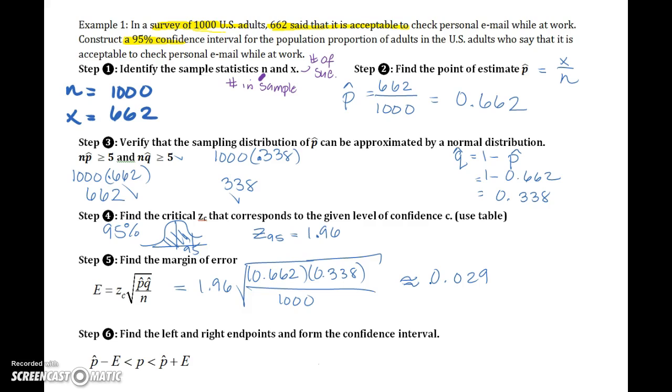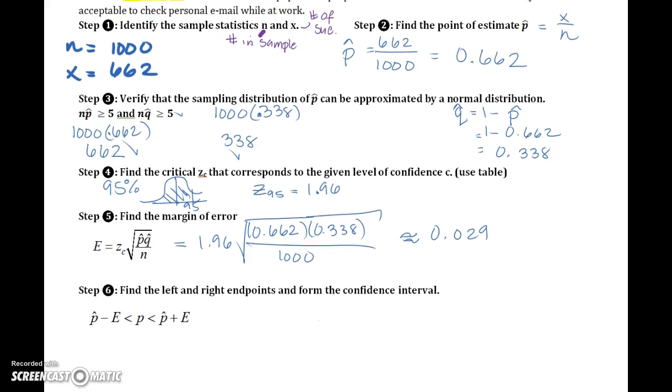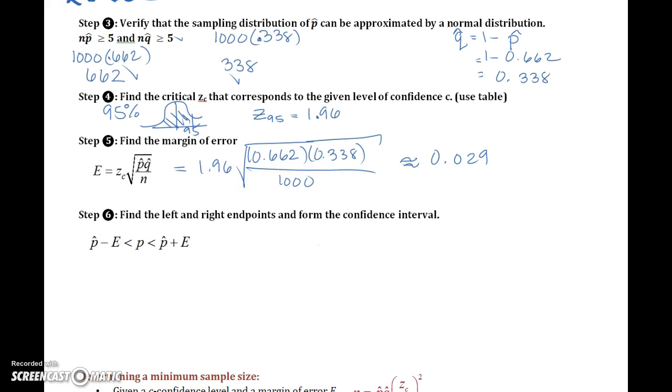Well, what else do I need in order to get this done? Now that I have my margin of error, I can start setting up my whole entire confidence level. So this is the same thing that you've seen before, where you're going to have your p hat, which was 0.662 minus the margin of error, which was 0.029, is less than p and less than p hat, which is 0.662 plus the margin of error, so plus 0.029.